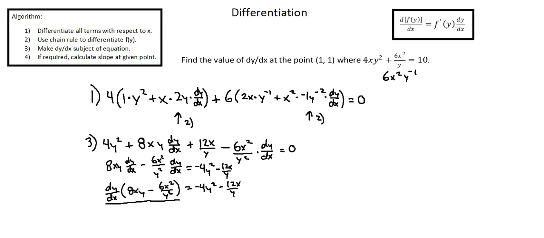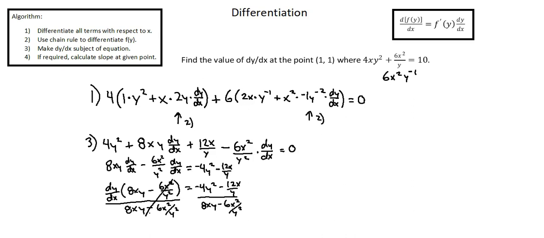And finally, we'll divide both sides by 8xy minus 6x squared over y squared. Again, 8xy minus 6x squared over y squared.